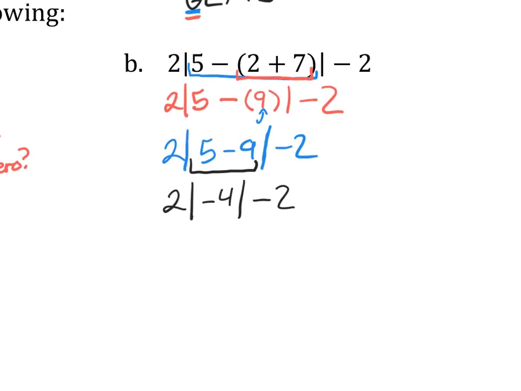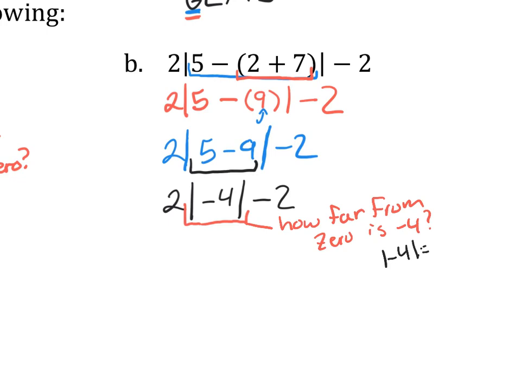So this absolute value we have to do next. We can get out of that absolute value. Again, this is asking how far from 0 is -4. And -4 is 4 away from 0. So the absolute value of -4 is equal to positive 4.